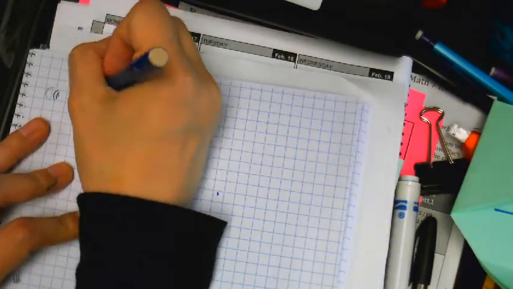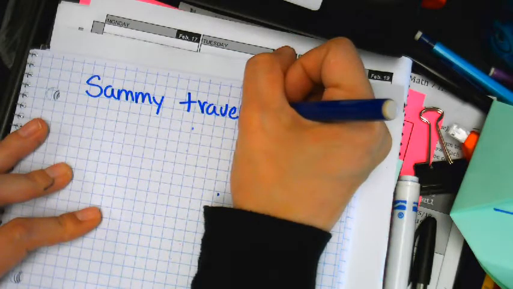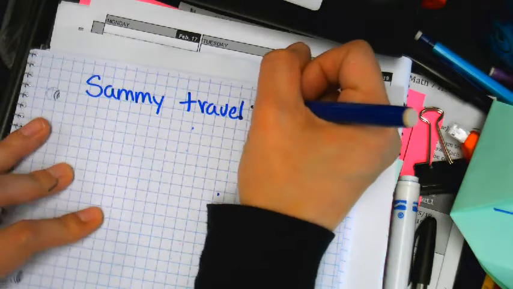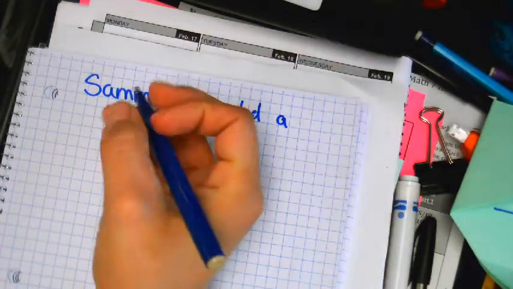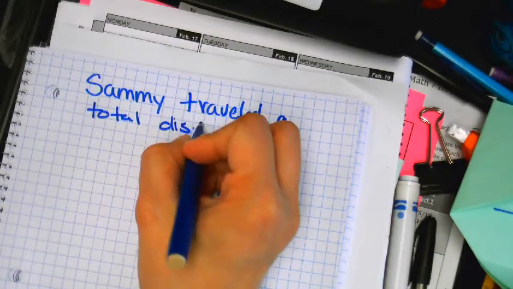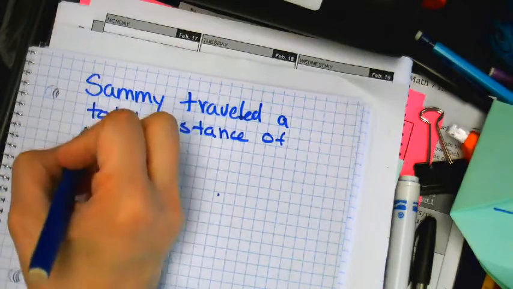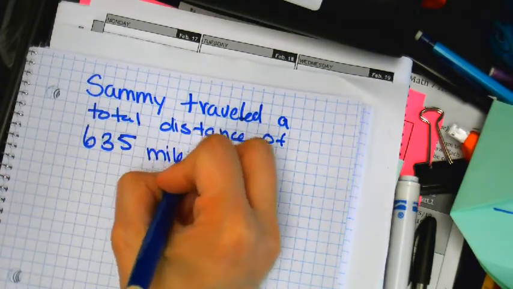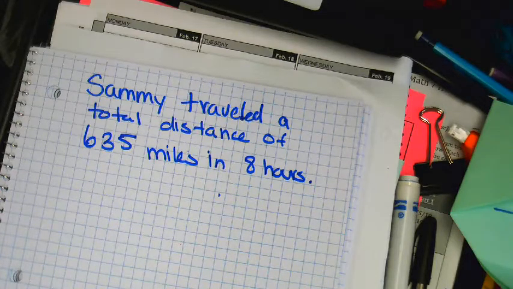One more problem in our notebook. Okay, Sammy traveled a total distance of 635 miles in 8 hours.